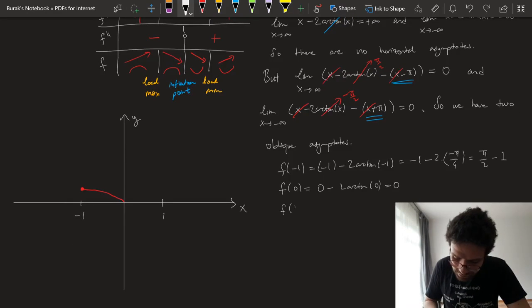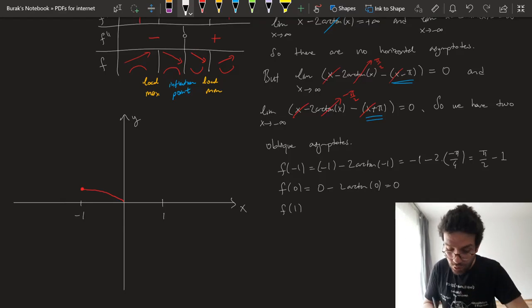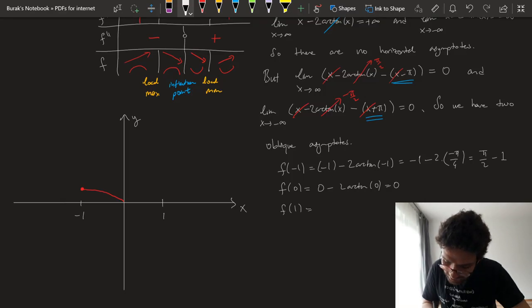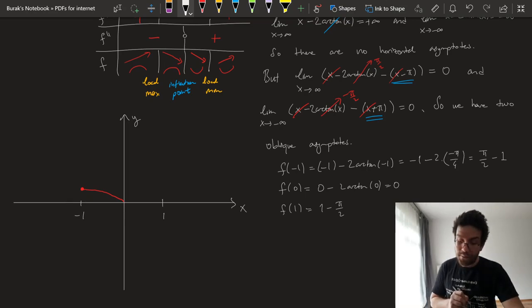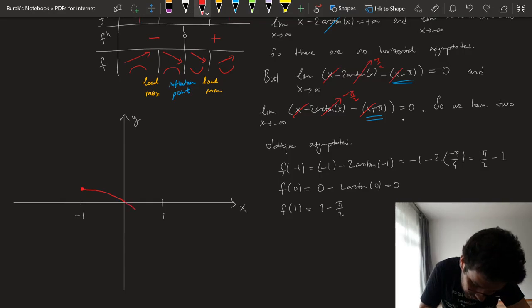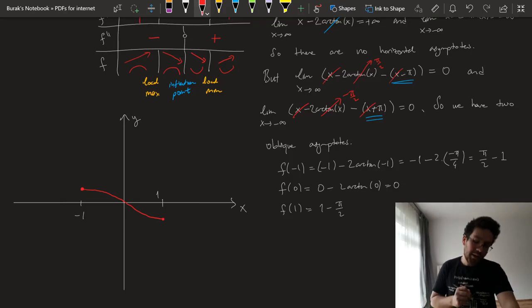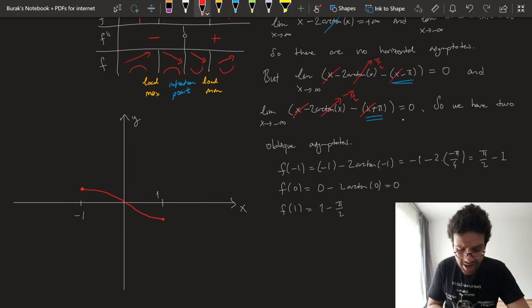What's going to happen after 0? It's going to become concave up, but it will still be decreasing until 1. And at 1, you can actually check that its value is going to be 1 minus pi over 2. So the picture is going to be symmetrical like this. And at this point, I see a local minimum.